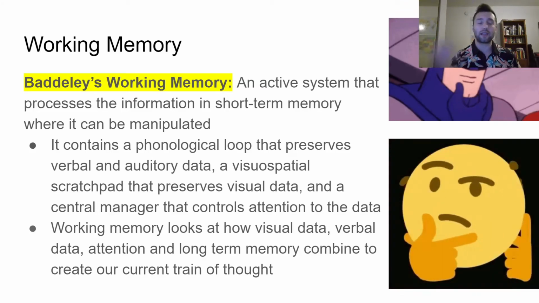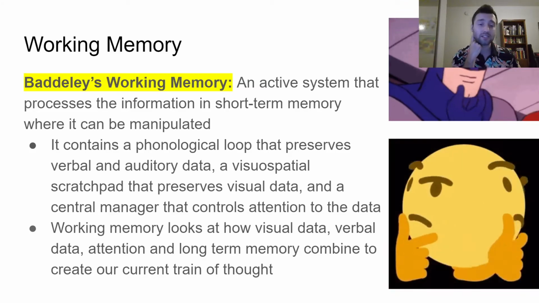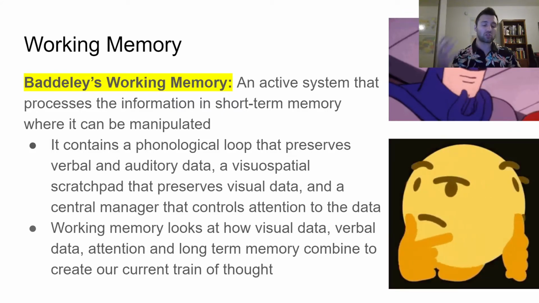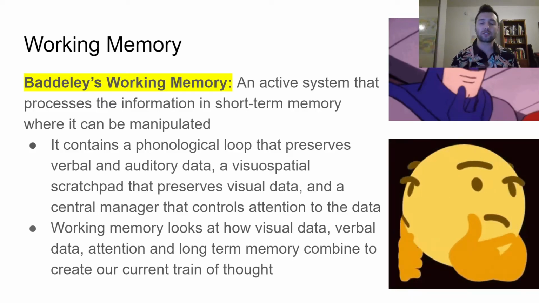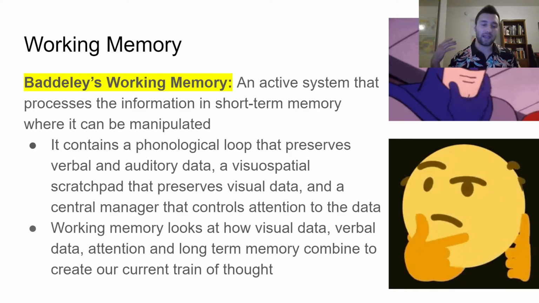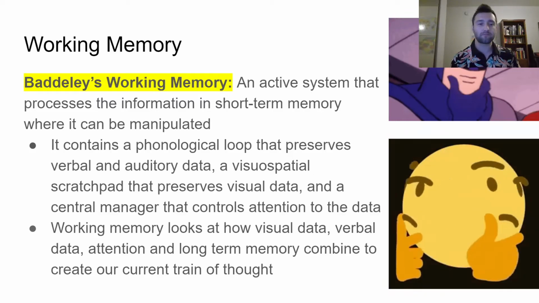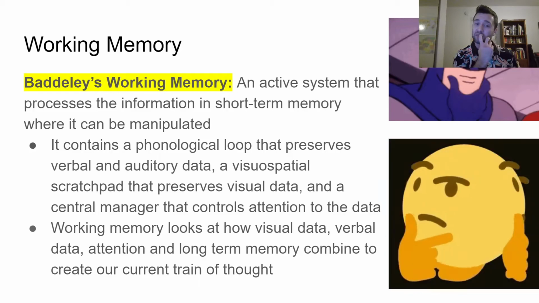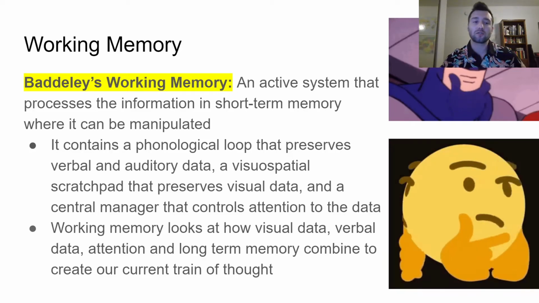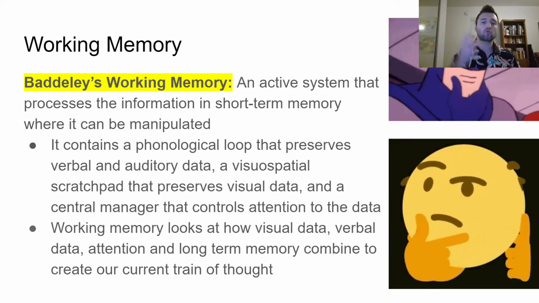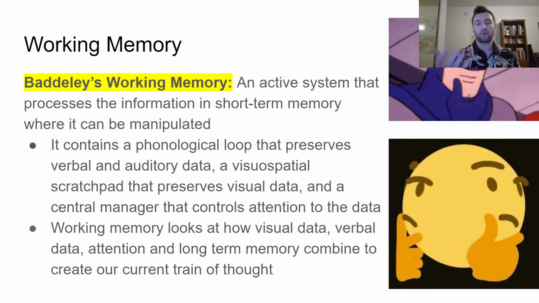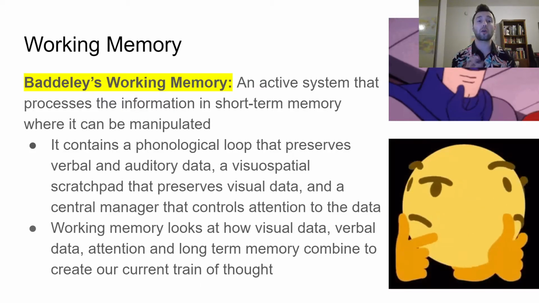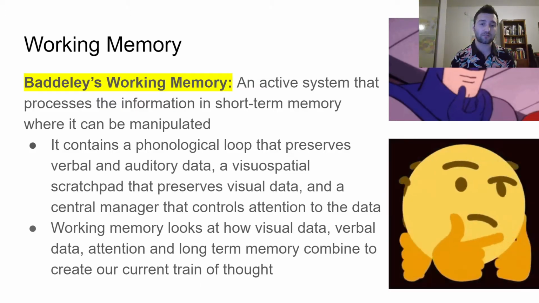Same thing where I can hear somebody say something and I can close my eyes and picture it. For example, if I told you to close your eyes and picture a calm lake with a gentle breeze flowing over and a duck flying over your head, you can picture that, right? That's what's going on in that visuospatial scratch pad. And then lastly, there's also a central executive that is controlling our attention to what he calls data, but basically information. So again, the big difference here is that this working memory is manipulating these things.